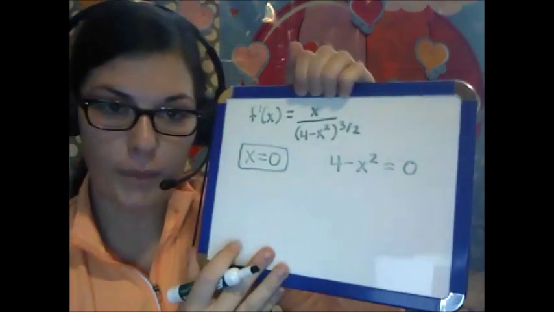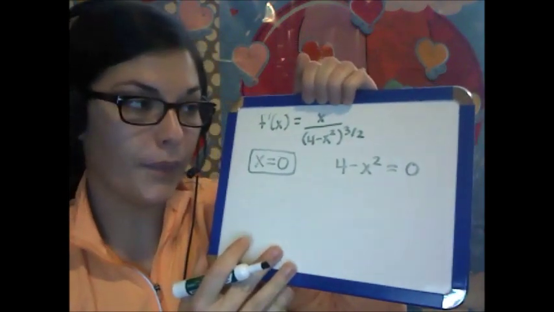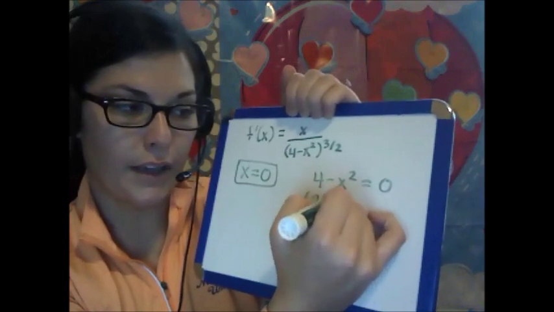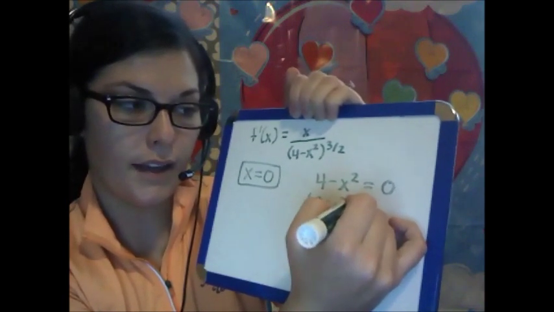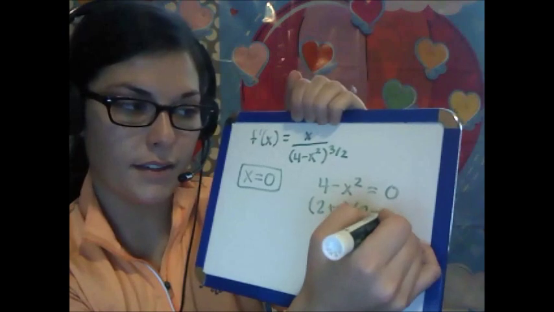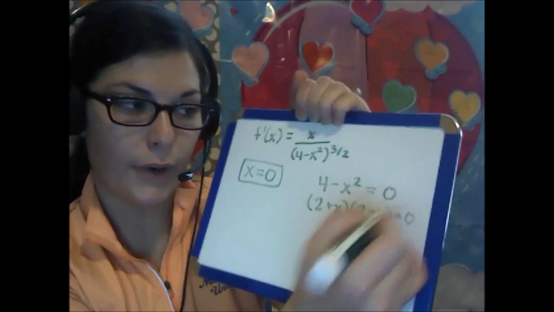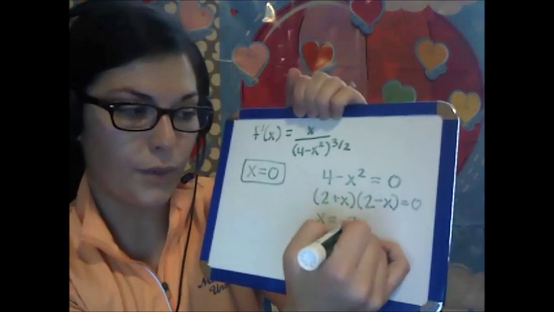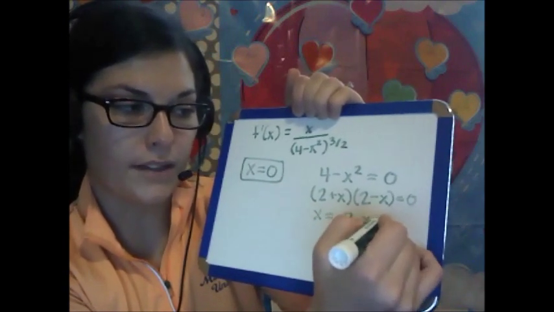I'm going to take the denominator and set it equal to 0. So then here I like to consider difference of squares so that I don't forget one of my zeros. And I get 2 plus x, 2 minus x equals 0. So I actually got two critical points there. I have negative 2 and I have x is positive 2.